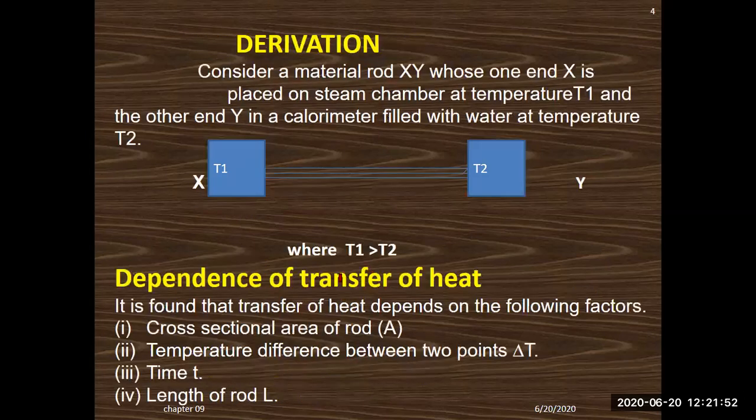Consider a metal rod XY. This is the metal rod. The two ends are at different temperatures, T1 and T2. One end, X, is placed in a steam chamber at temperature T1, and the other end, Y, is in a calorimeter filled with water at temperature T2.